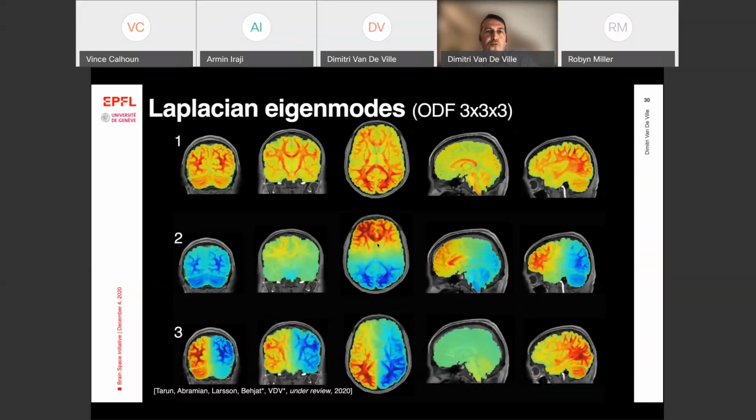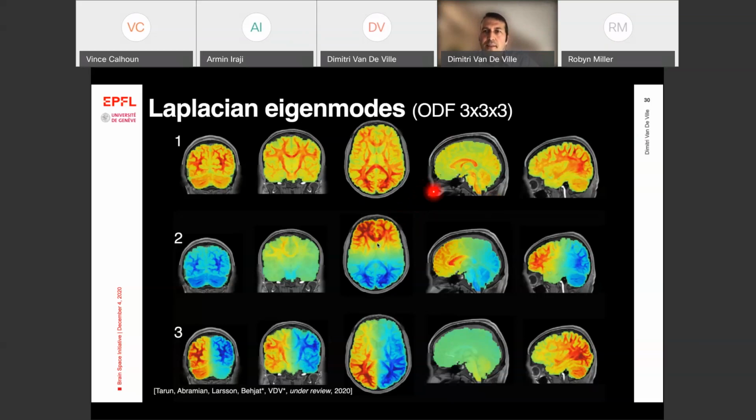And actually, if you do that, and we have several designs for the brain graph depending on how you extract magnitude and orientation information, if you look at the leading Laplacian eigenmodes, so the ones with the smallest eigenvalues, you get these very nice brain maps, because this time you can directly visualize your eigenmode in a volume, because there is a one-to-one correspondence between a voxel and a node.